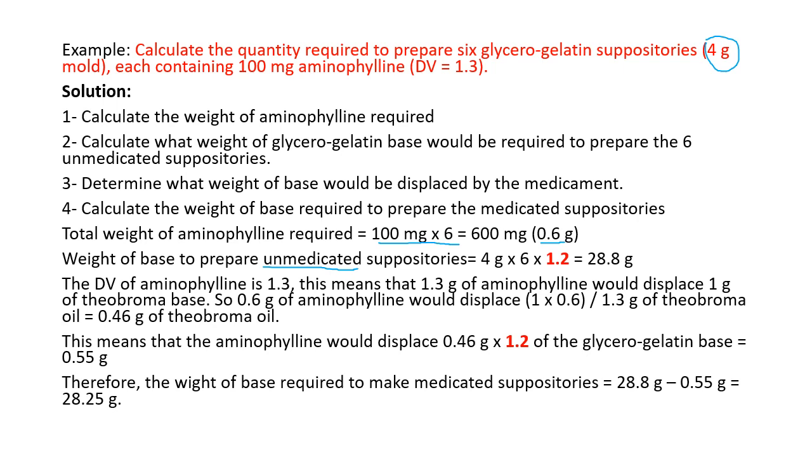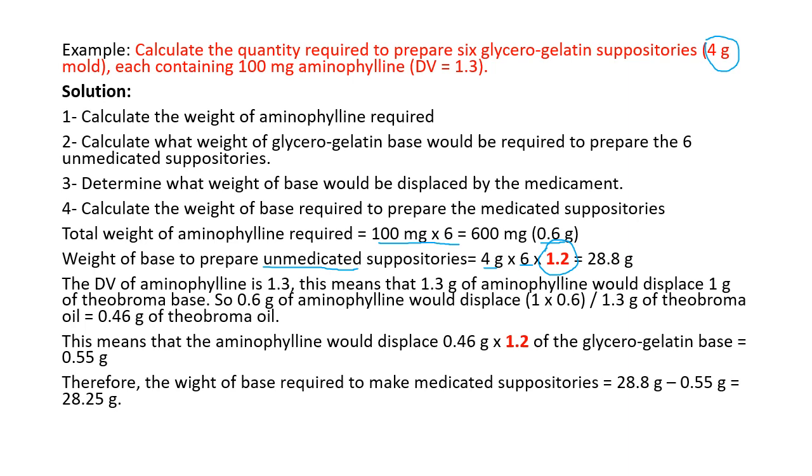So 4 grams times 6 suppositories. Because we are using glycerogelatin base, we need to multiply this by the factor, by the density of the base, and this gives a weight of 28.8 grams.